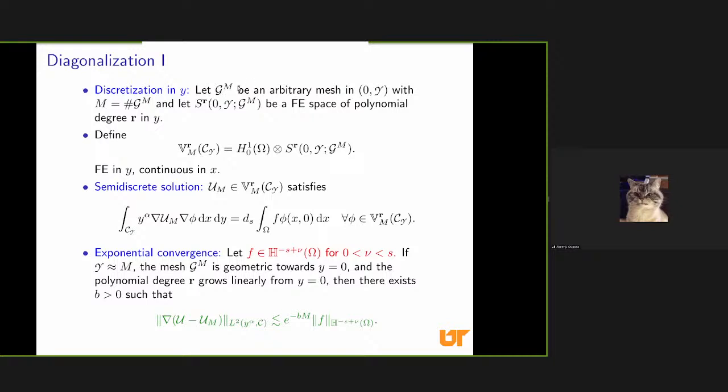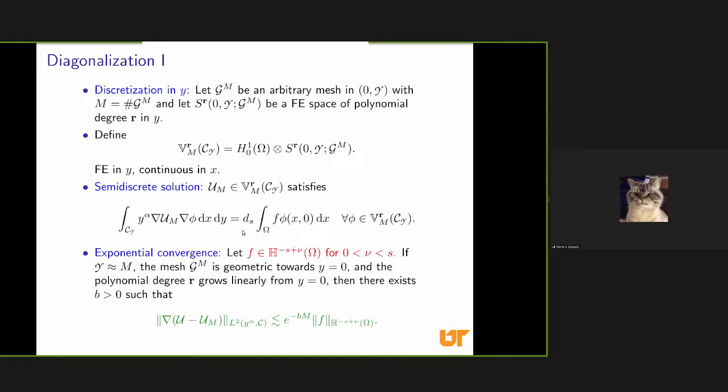So here we have a mesh, any mesh that you want. And so we're going to first do a semi-discretization. So we discretize in the extended direction, but we do not discretize in the original directions on the domain omega. And we compute this semi-discrete solution. But we don't compute it, we define it, this capital U_M. And that one turns out to be, again, exponentially close in terms of the degrees of freedom in this semi-discretization to the original solution of the problem.